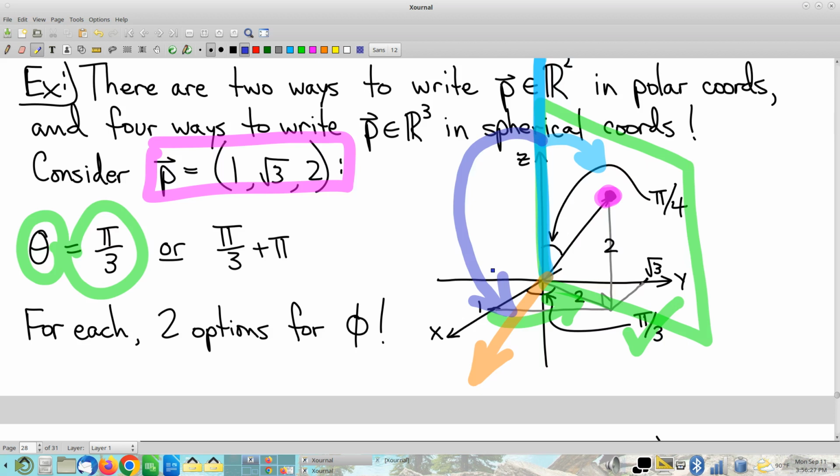Does that make sense to everybody? So let me write this down. What I have in orange here is theta equals pi over 3. Phi equals negative 3 pi over 4. And that gets me going in, well, again, not the right direction.